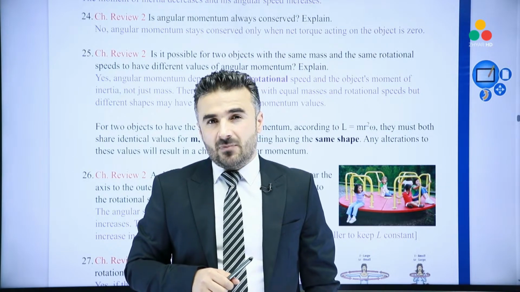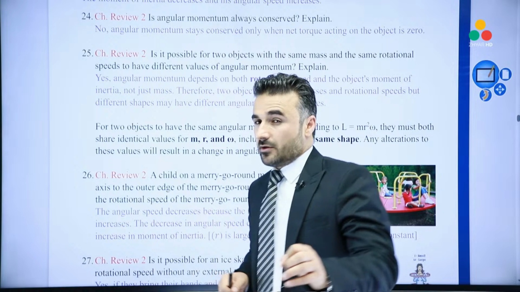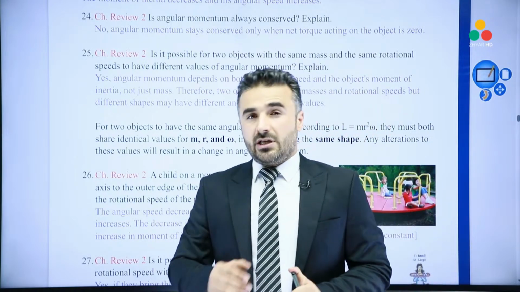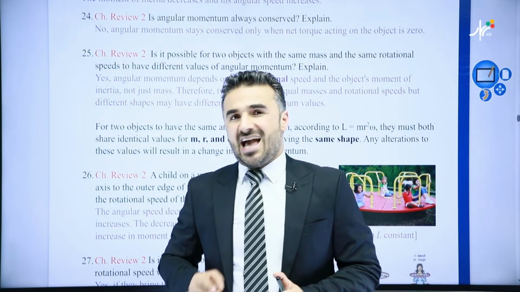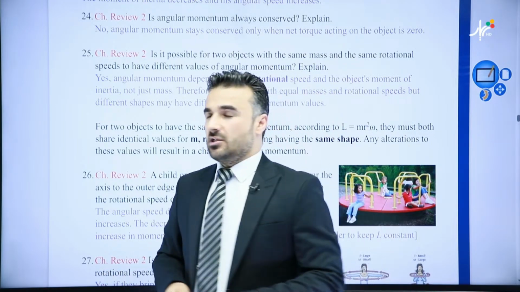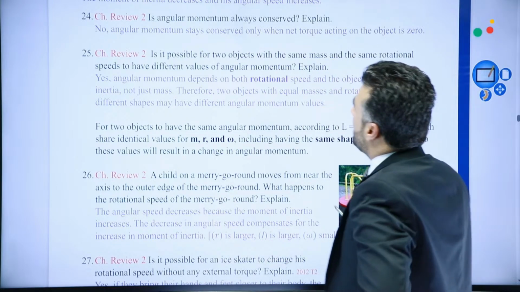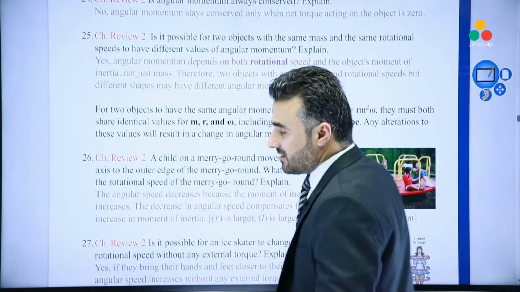Did you highlight it? Do you recall the reason? Yes, very, very good. The angular momentum will be conserved only if the net torque acting on the object is 0, okay? So we can say it is conserved only when the net torque acting on the object is 0.